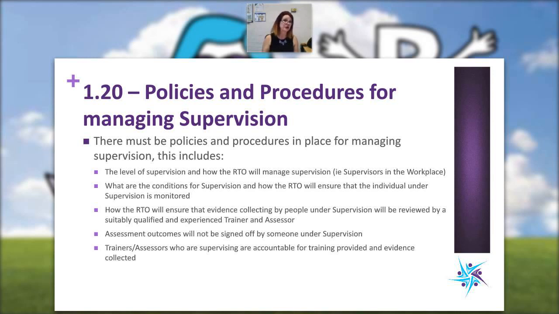You should be logging on to Unicorn whenever you get those updates that tell you that you have an updated form, and download that form and implement that form. And you should be minuting any new forms that come into place, like that staff matrix. You should be minuting that at your Q&C meeting, that there is a new form, and how your strategy is for implementing that form throughout your organisation.